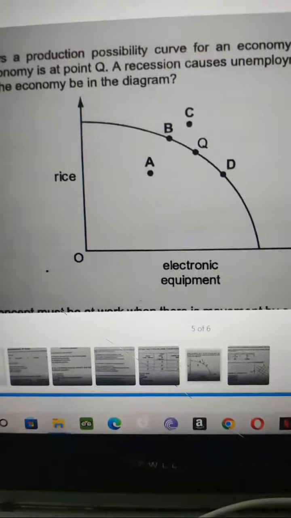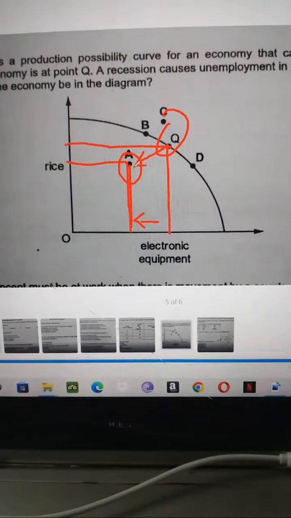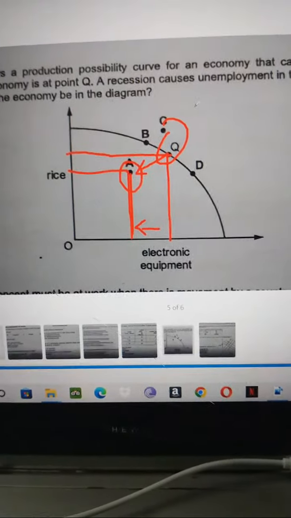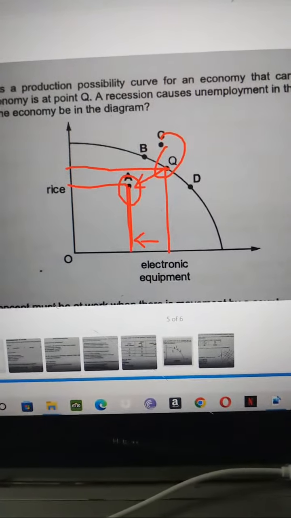Because of recession, they will move under the curve, and over here you can see this. Lesser electronic equipment will be produced. And recession overall will reduce the quantity of the goods which you are producing in the economy. Okay.